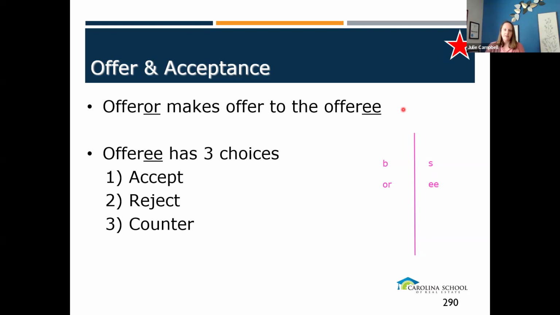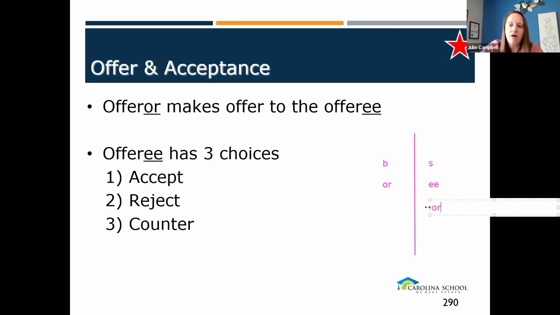Our third choice is to counter it. A counter offer is a rejection. A counter offer is a rejection with a but or a however. A counter offer may sound something like, I'm good with all the terms, but the purchase price. We've agreed to all the other terms, but we are countering the purchase price.